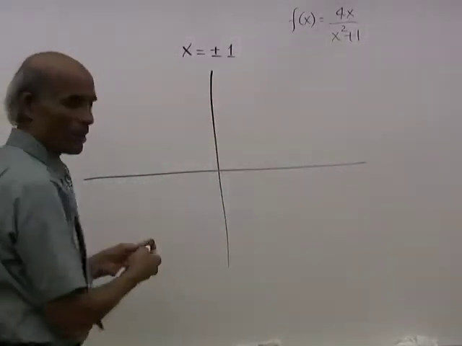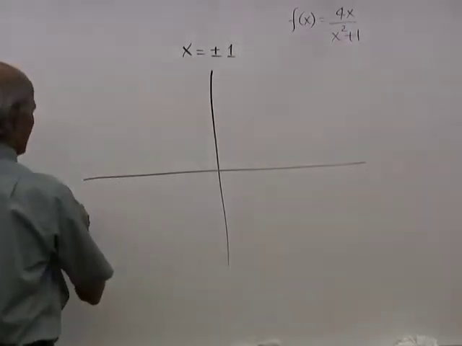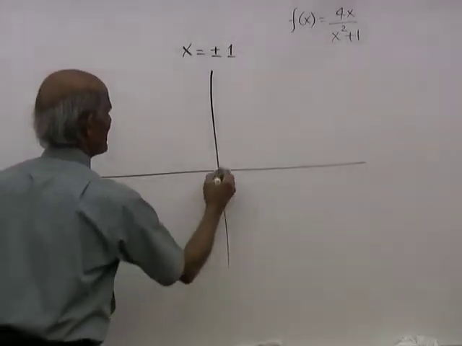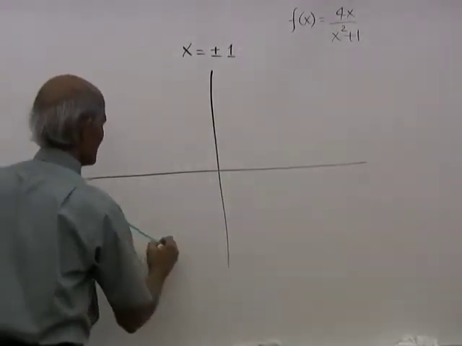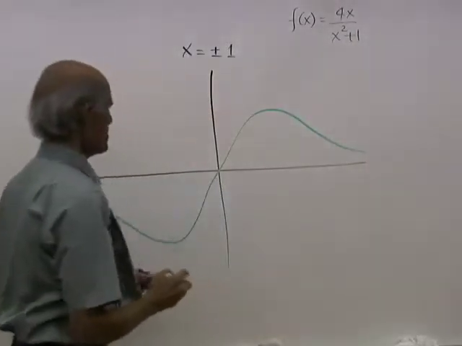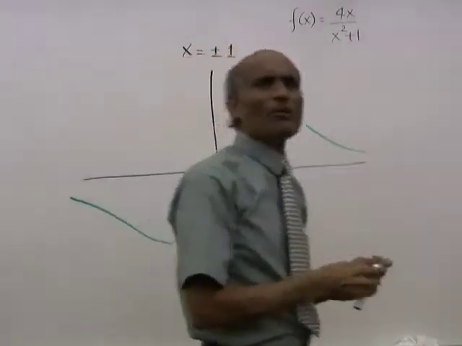Well, it looks almost like this, I think. It sort of decreases, increases, is that right? Now, take a look at it and see whether I got it fairly all right.